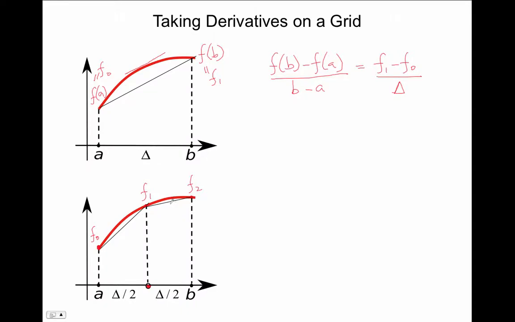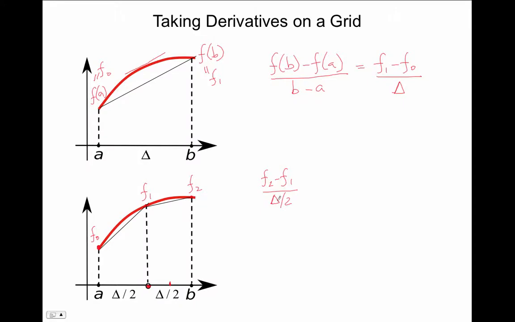Now, if we take the straight line over here, then the derivative in between the 2 points will be f2 minus f1 divided by delta over 2. That's the derivative of the curve, of the red curve, approximated by this straight line connecting these 2 points.